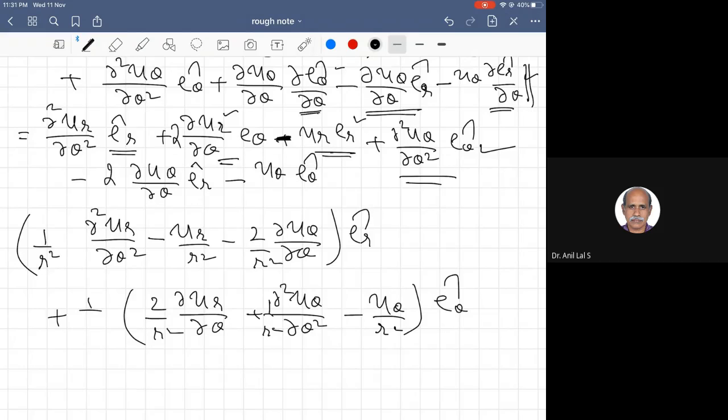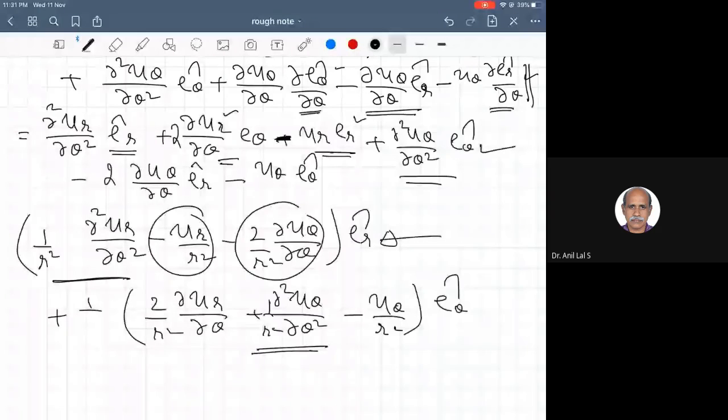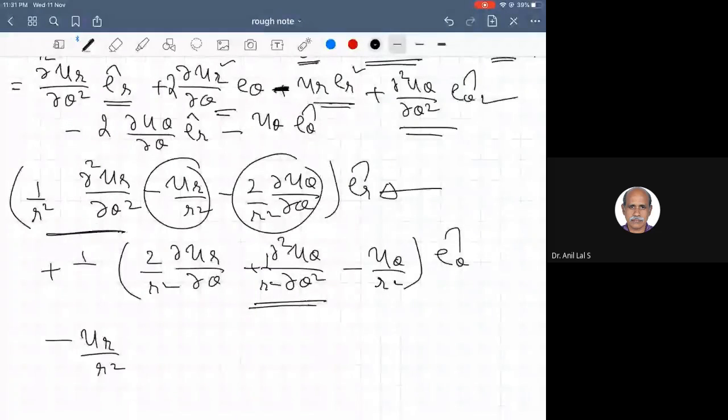Okay, this term is similar to what is there for the Cartesian coordinate system. This term is also similar to the Cartesian coordinate system. The extra terms coming here are these two terms in the radial direction. So in the radial direction, we have two extra terms: ur by r squared and minus 2 by r squared dou u theta by dou theta.